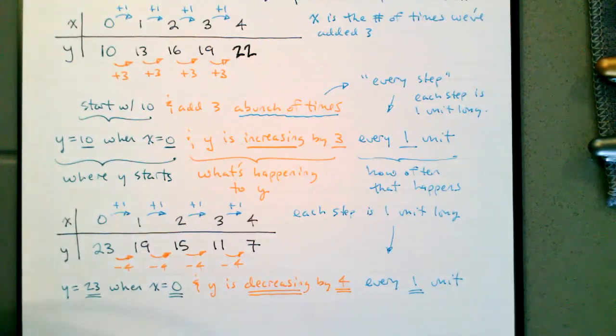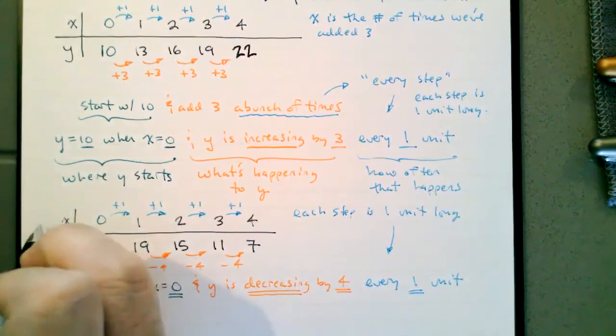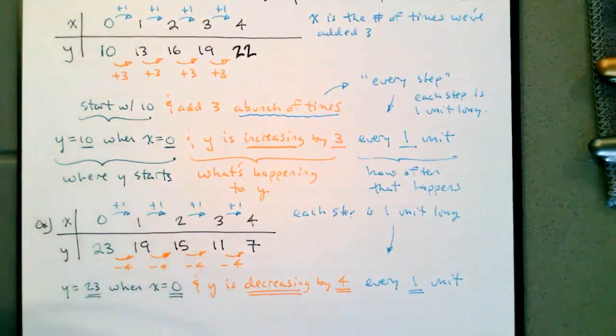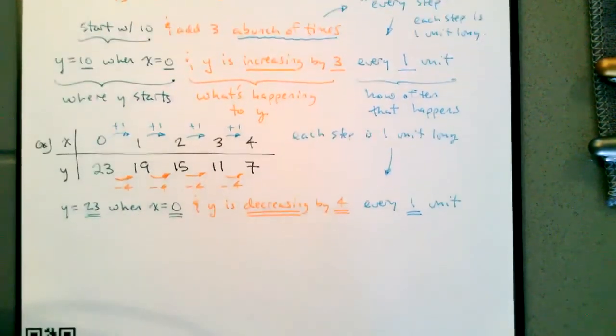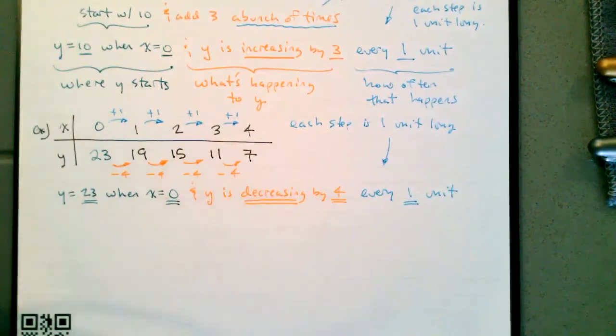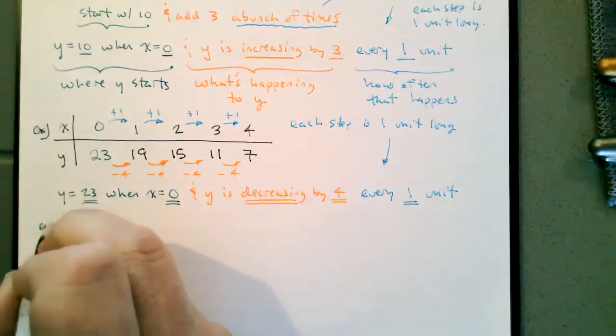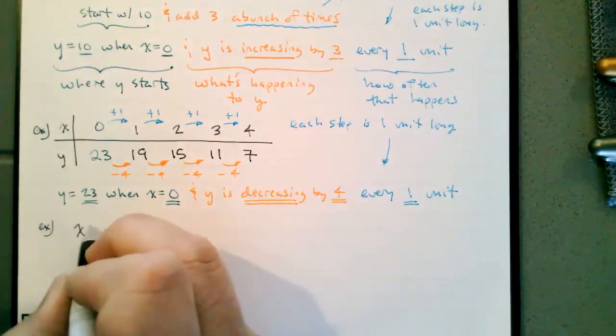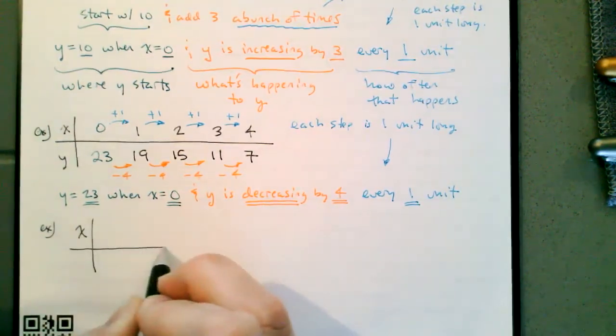I want to do one more example. And I'm going to change the step size. Let's write a relationship between x and y.